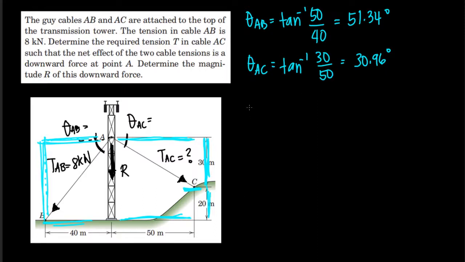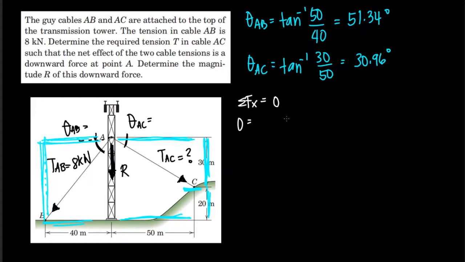Now, same thought as earlier. Make sure that all the forces along the x are equal to 0. So 0 equals CR, which is pointing directly downward, so it's not included. We have TAB and TAC which have angles, so they have x components.